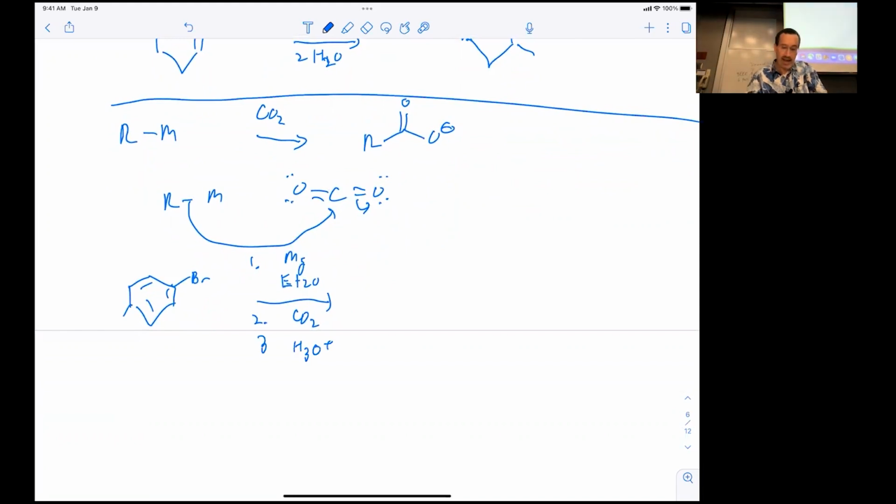And then I add some acid because we're going to want to protonate that carboxylic acid. So I add a little HCl in water or sulfuric acid in water. I want to protonate that carboxylate. I get all the way to toluic acid. So that's a nice way to add one carbon and build up a molecule and form a carboxylic acid.